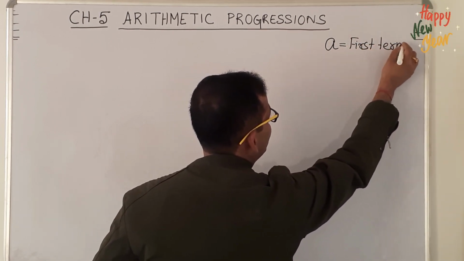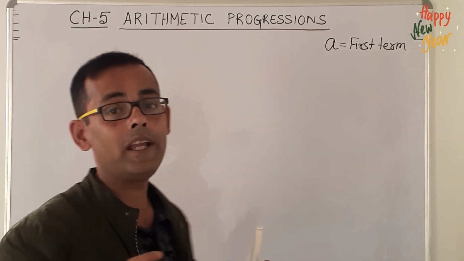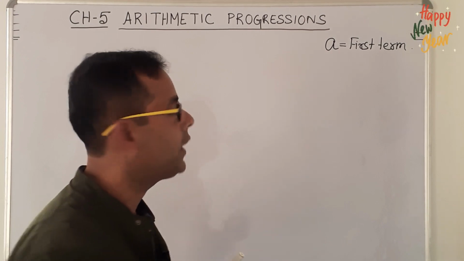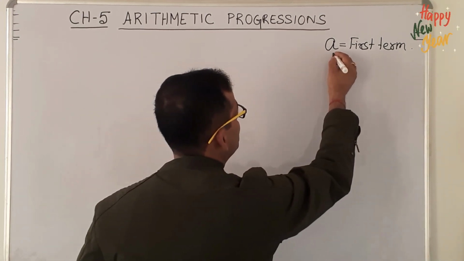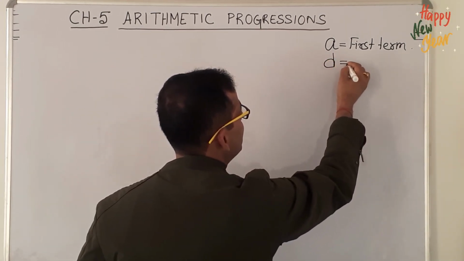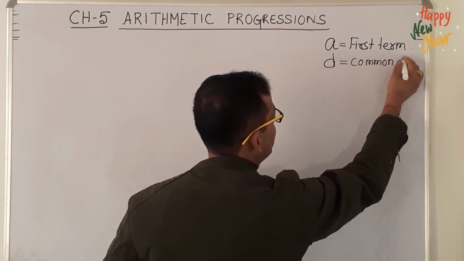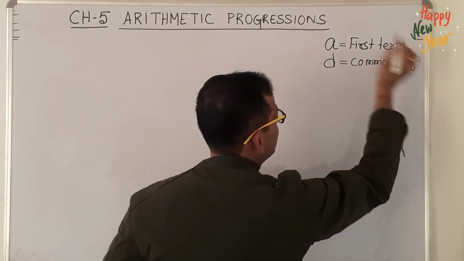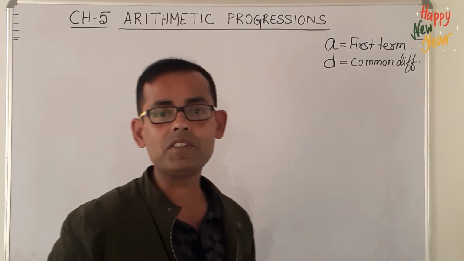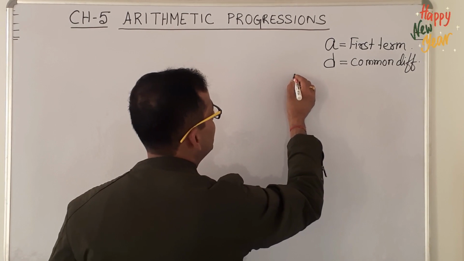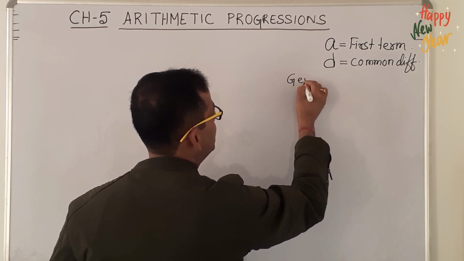And before A, we understood the meaning of pattern. Then we understood D. D is called common difference. I am writing in short. D means common difference.